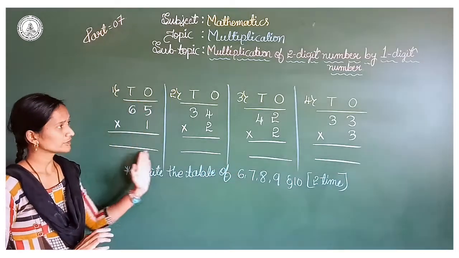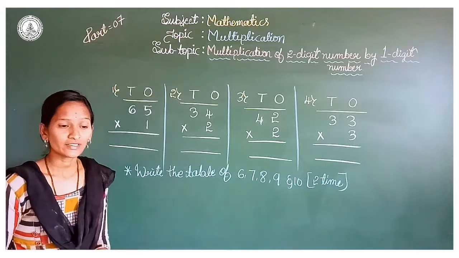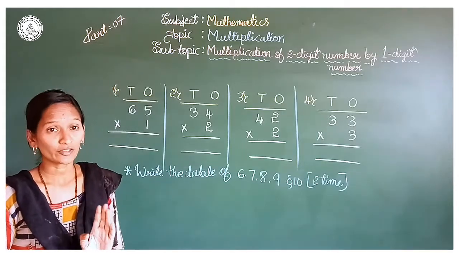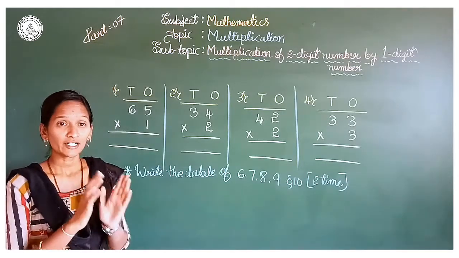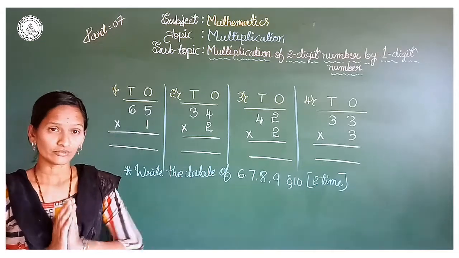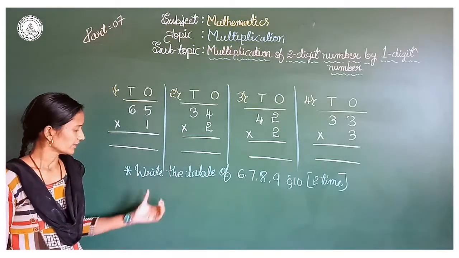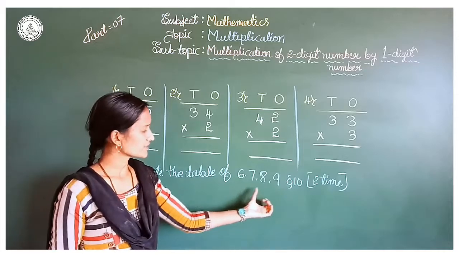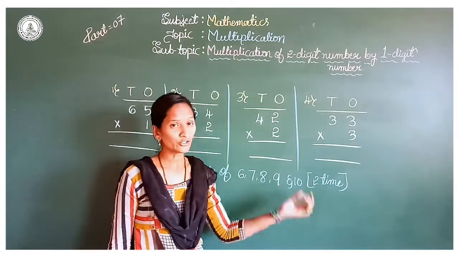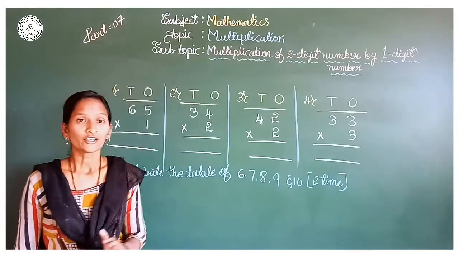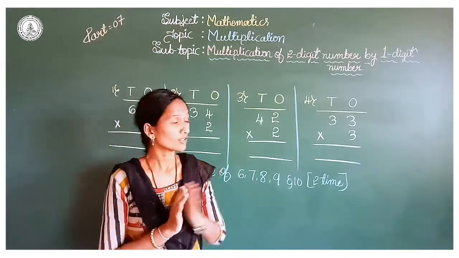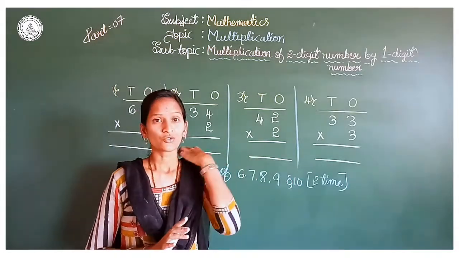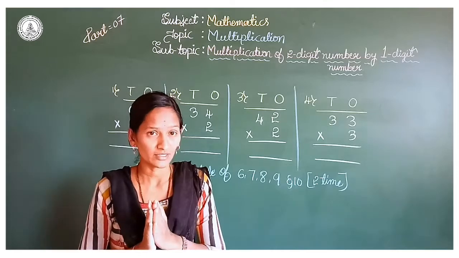You have to solve these 4 problems along with exercise number 1.8. In that, the remaining problems also you have to solve. Along with that, write the tables of 6, 7, 8, 9 and 10 two times. If you know the tables, then you can solve very easily. So please learn the tables.